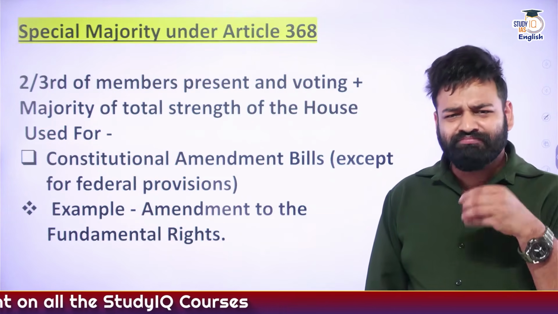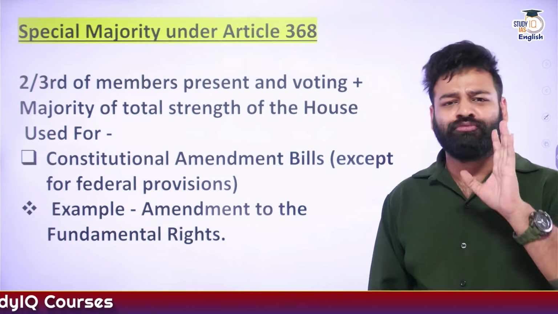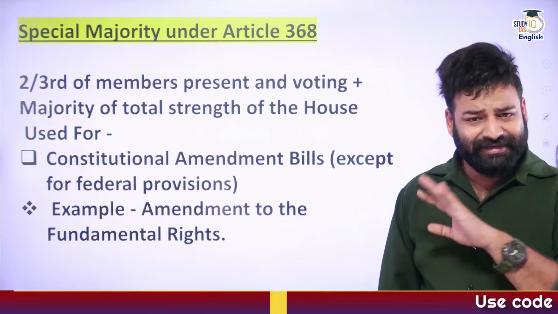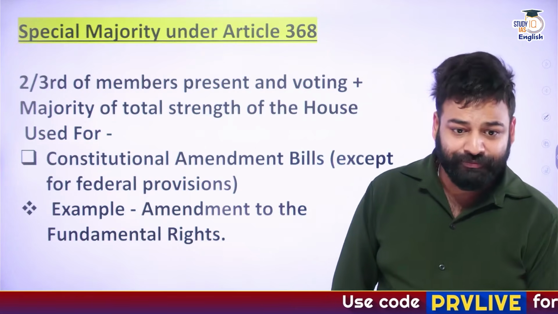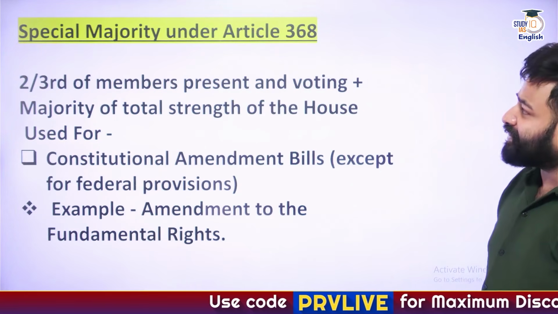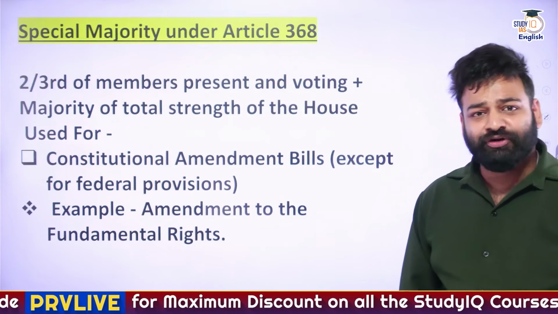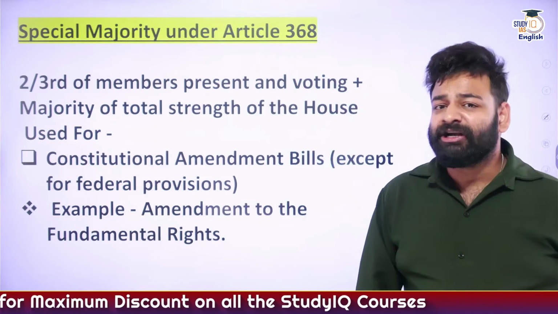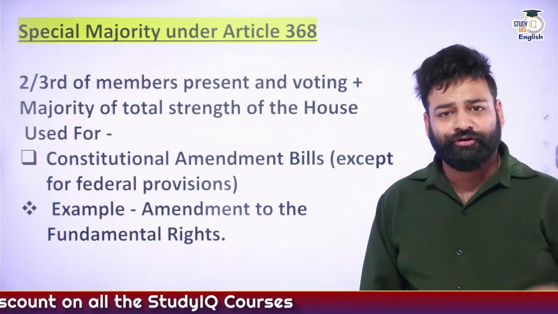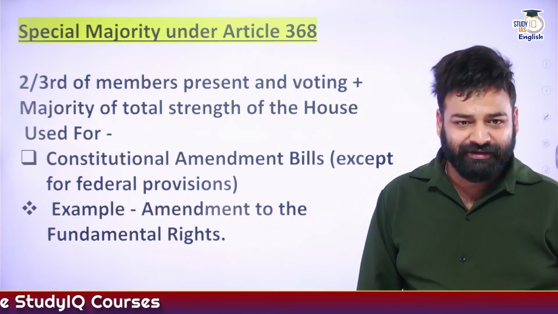This one might be a bit more confusing to you while reading, but let's eliminate all of that confusion. So what is this special majority under Article 368? What is Article 368? We know it very well. It is the amendment procedure of the Constitution, how the Constitution gets amended.